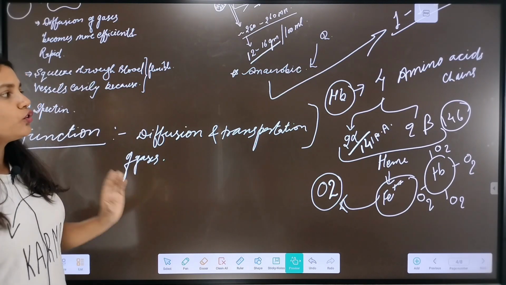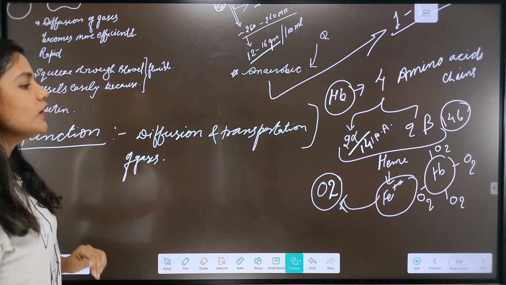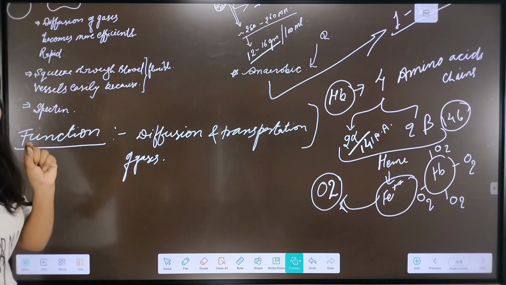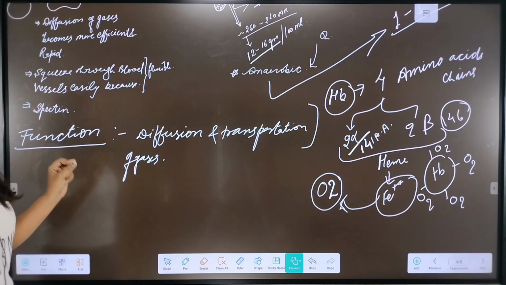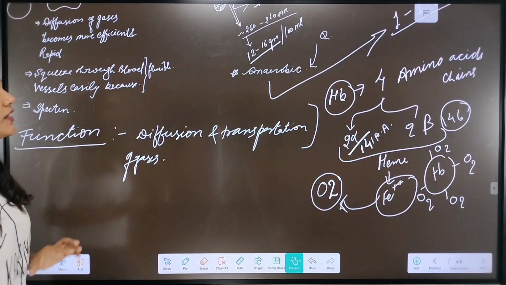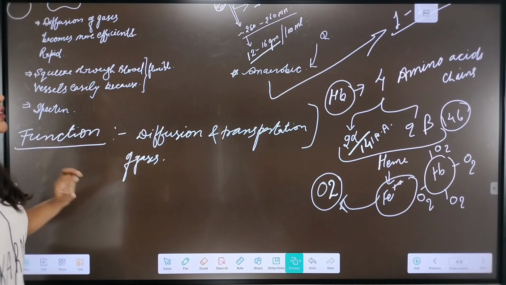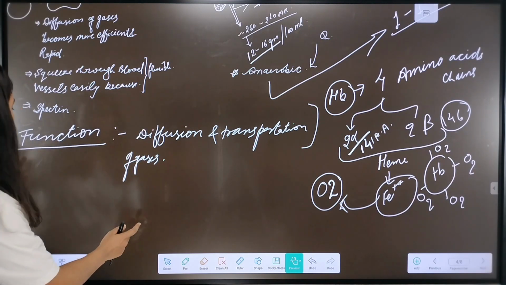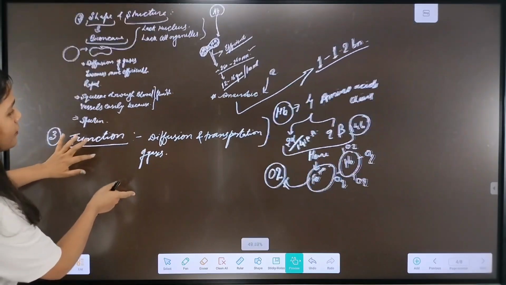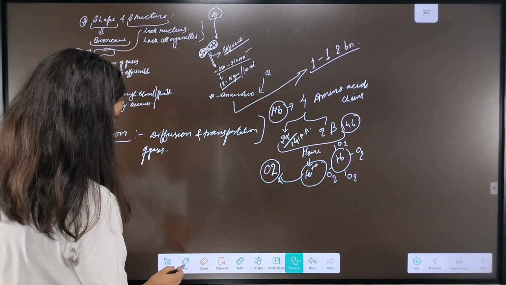So one molecule of hemoglobin carries 4 molecules of oxygen. So at one time, about 1 to 1.2 billion oxygen molecules are carried by one red blood cell.